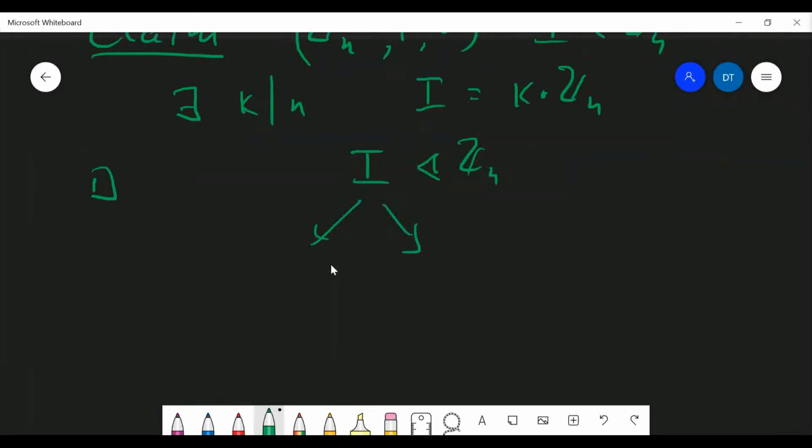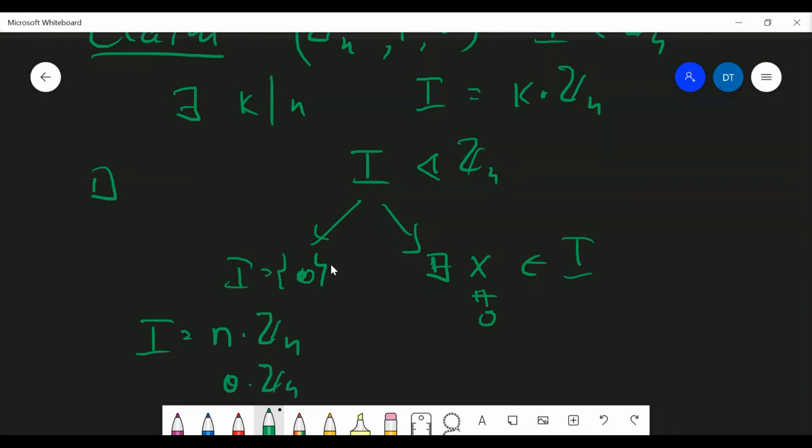Either I consists of the zero element only, or there is a non-zero element inside I. If I consists of the zero element only, then I is represented as n times Zn, or just 0 times Zn, if you wish.